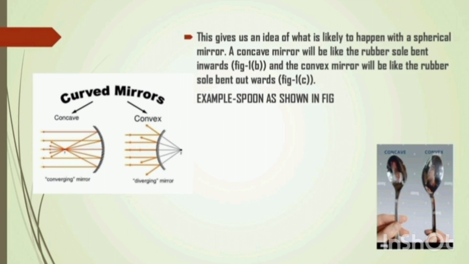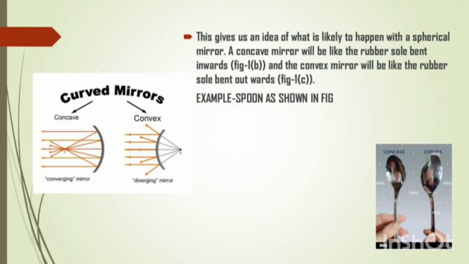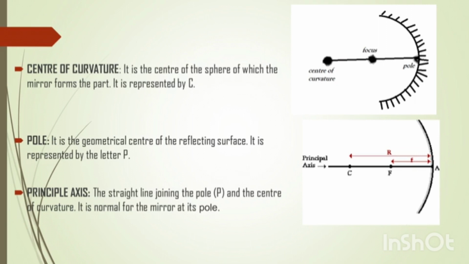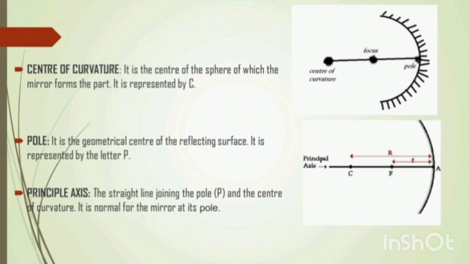For a concave mirror, all the normals will converge at a point. The point where all the normals converge is called the center of curvature. This gives us the hint that we can find the normal at any point on a spherical mirror. First, you have to draw a line from the point on the mirror to the center of the sphere.